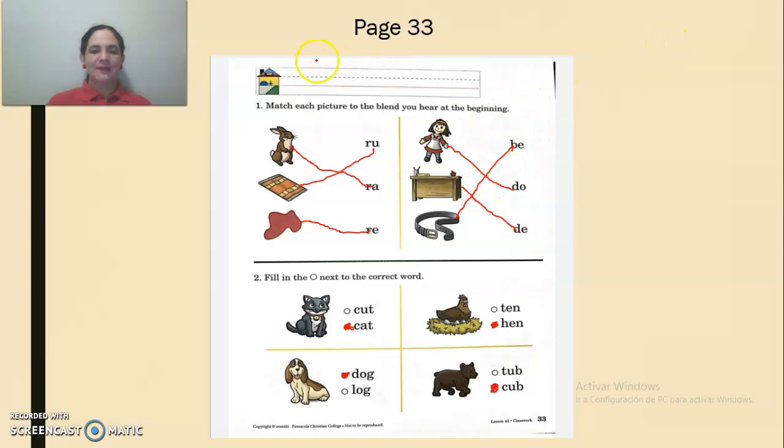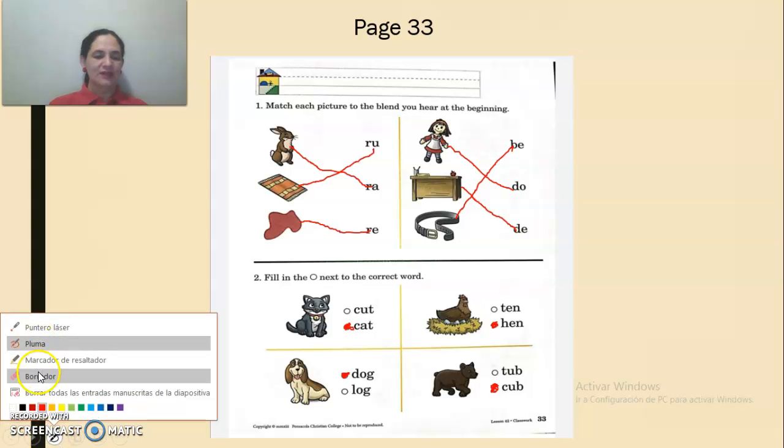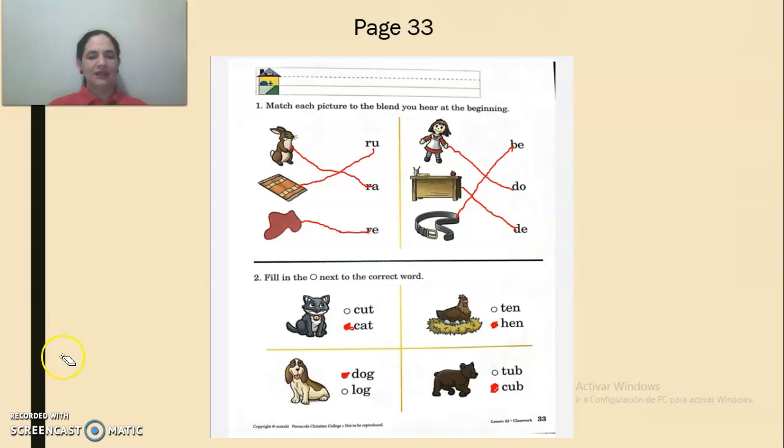But first I have to erase all this, okay? Erase. Write your name. Escriban su nombre. Lo primero que hay que hacer es escribir el nombre.